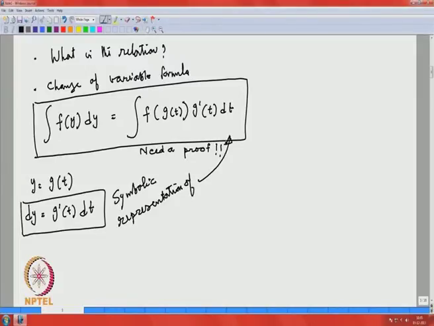So, whenever you have a function f, if f equal to 1, you will have integral of dy is equal to integral of g prime of t dt. This is the fact used here. So, as such this has no meaning.